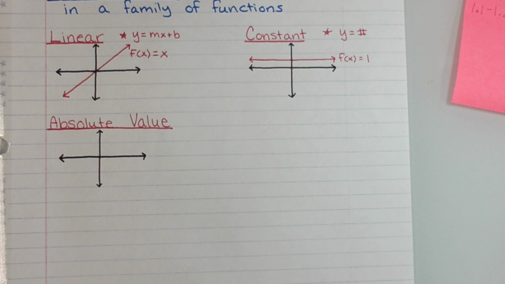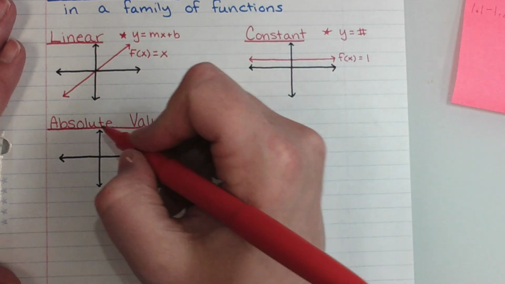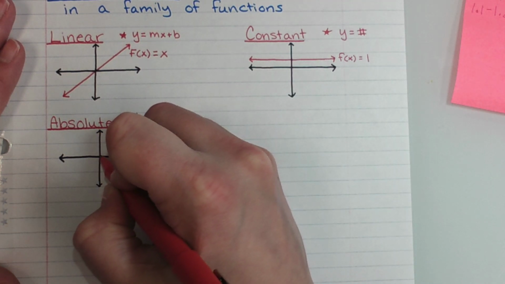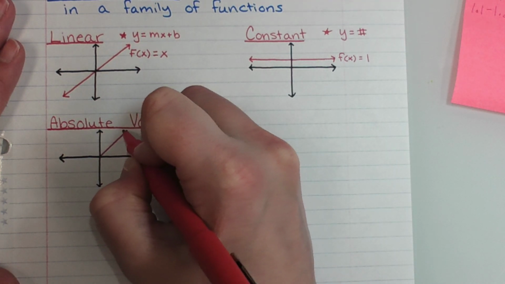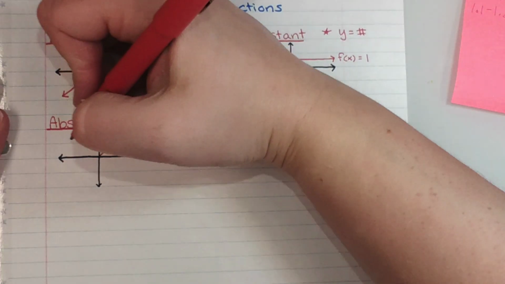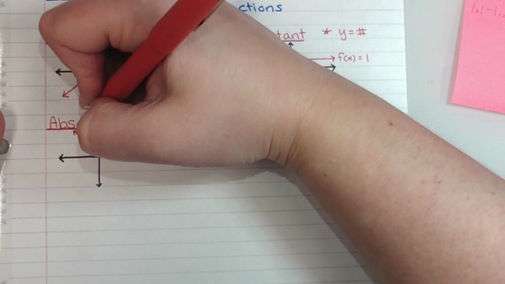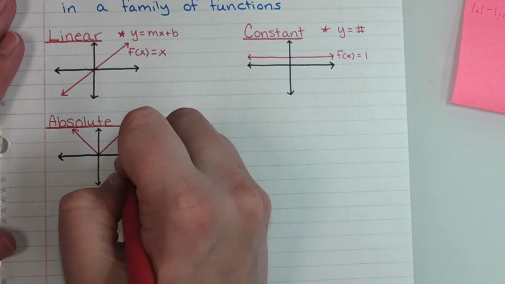Makes it positive no matter what. So, as a result, the absolute value function goes at a 45-degree angle that way and this way, because it takes those numbers and makes them positive.